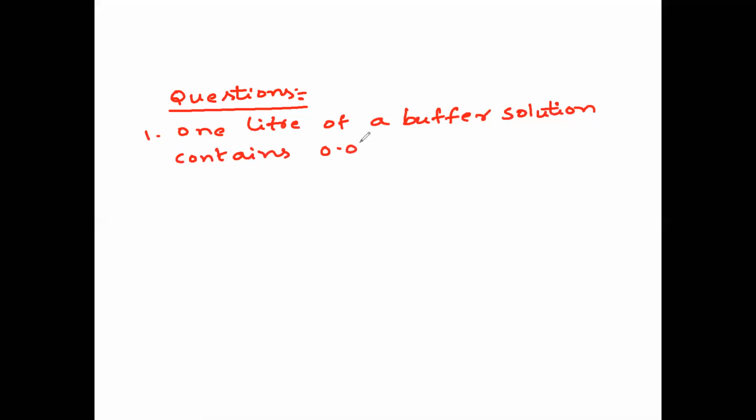One liter of a buffer solution. Just basic level questions I'm giving. One liter of a buffer solution contains 0.01 molarity ammonium chloride, which is called salt, and 0.1 molarity ammonium hydroxide.